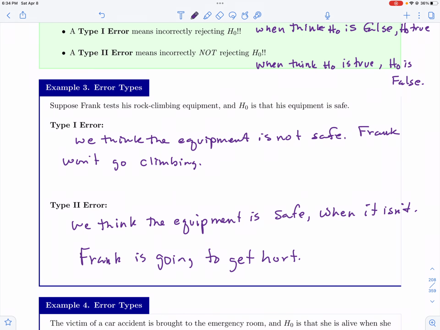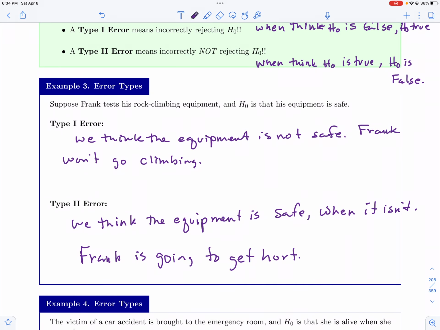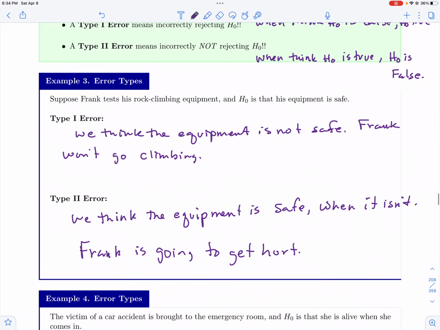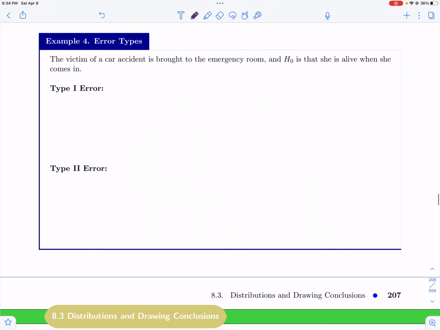So again, this is kind of a terrible outcome. The first one, again, is kind of unfortunate, but he wouldn't get hurt. In the type 2 error situation, this is definitely bad and something we wouldn't want to see occur in this case.